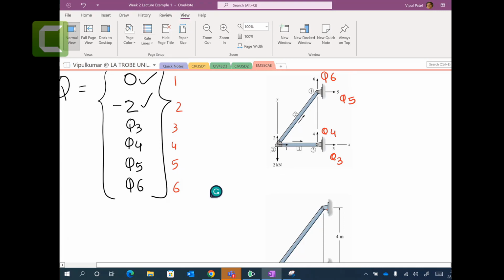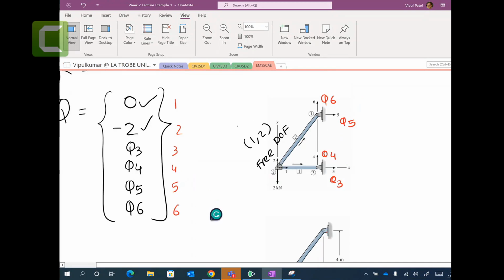And these are the free degrees of freedom. Which ones? 1 and 2. So 1 and 2 are free degrees of freedom, so they will be known forces, meaning it would be either 0 or it has some value. When you have free degrees of freedom, I hope you know how to find the free and fixed degrees of freedom.